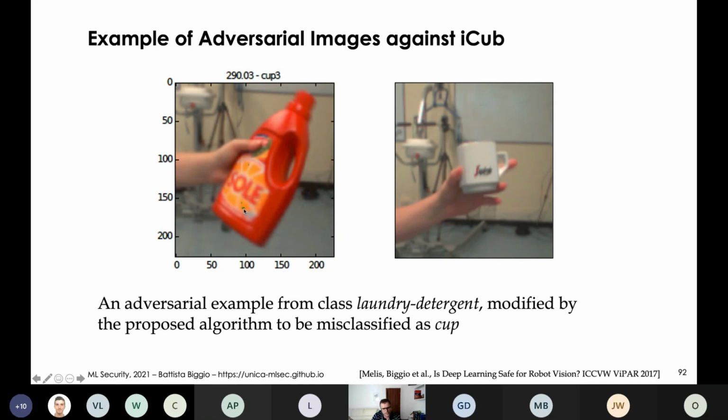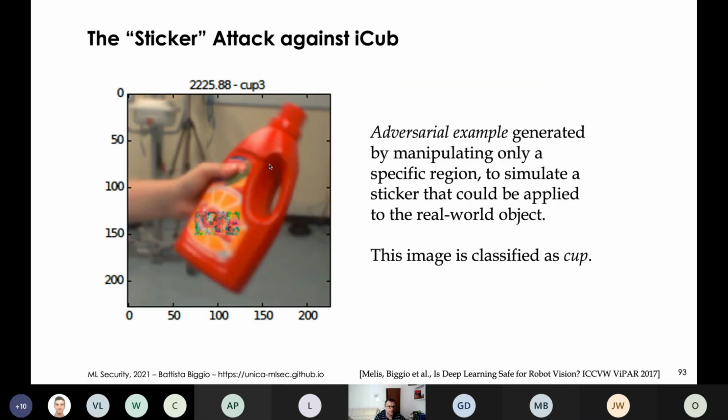You can spot that the image is slightly perturbed, because some pixels are sort of saturated, so it becomes evident that it could be manipulated. What you see here on top is the Euclidean distance between the manipulated and the source image of this detergent.